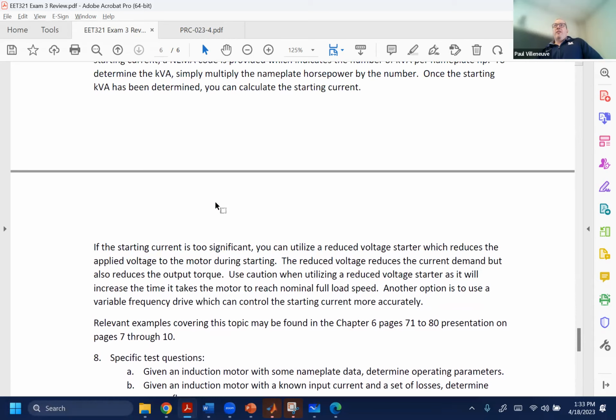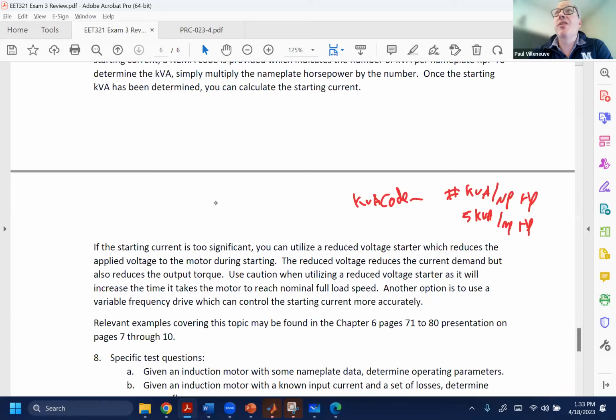The KVA code? Yeah, so that code letter, if you remember, it's a KVA code, which tells you the number of KVA per nameplate horsepower rating. So if I need 5 KVA per nameplate horsepower, that just tells you I need to multiply.